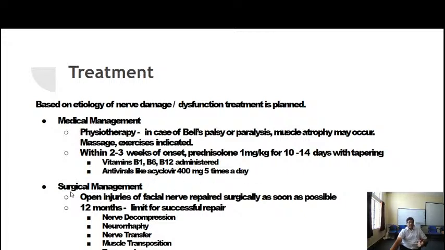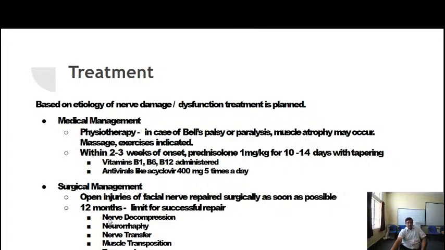And then if they are not recovering, the various tests that are done will tell us the grading of the nerve damage. And so if it is grade 3, 4, 5 and 6, surgical management would be the treatment of choice.